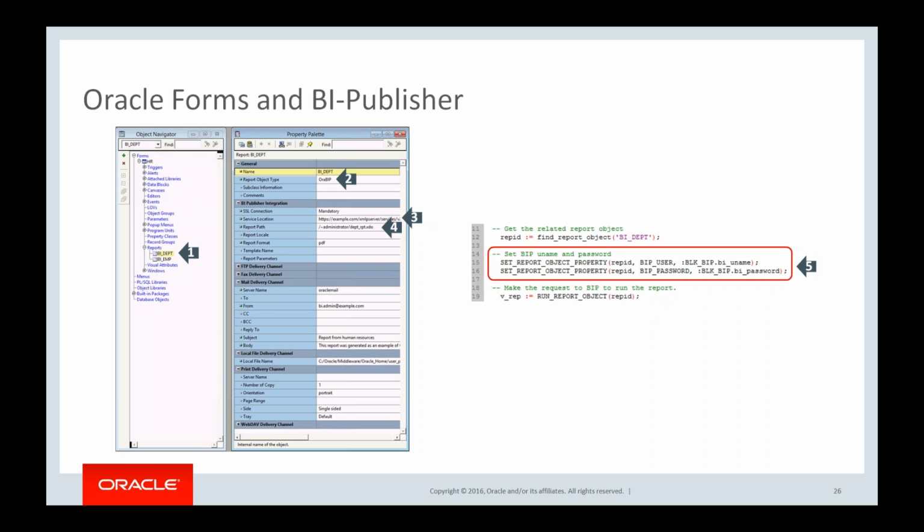You cannot do that declaratively, and we did that intentionally for security reasons. In this particular example, the form that this came from actually has two text fields set up as a standard username and password type of field. So we get those values and we set those programmatically. And then you call the report.